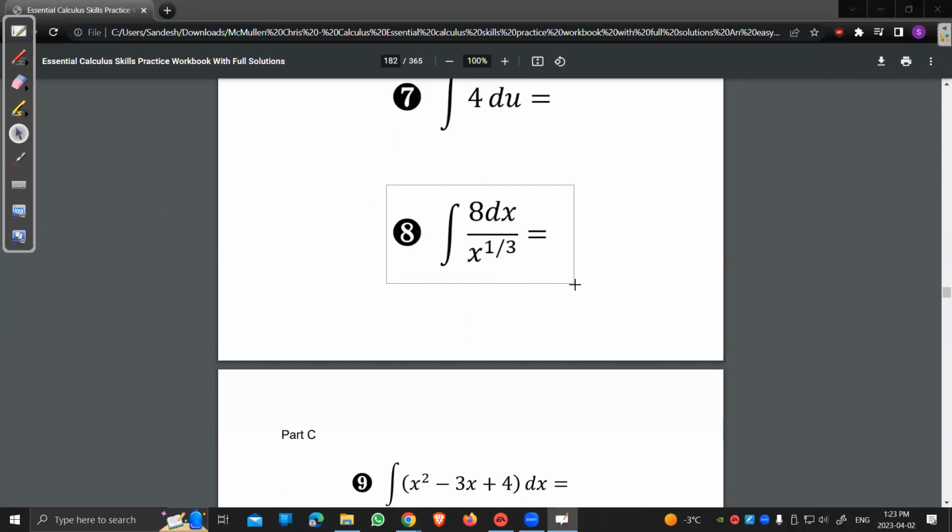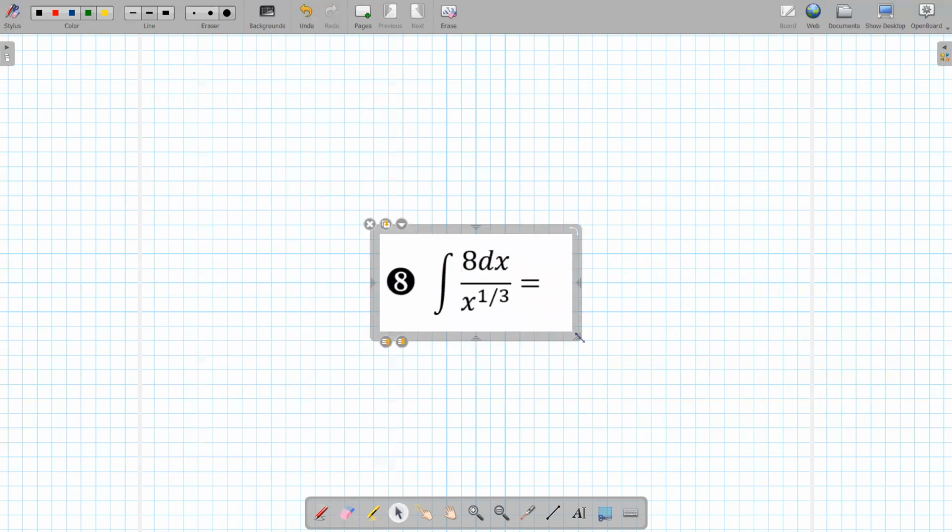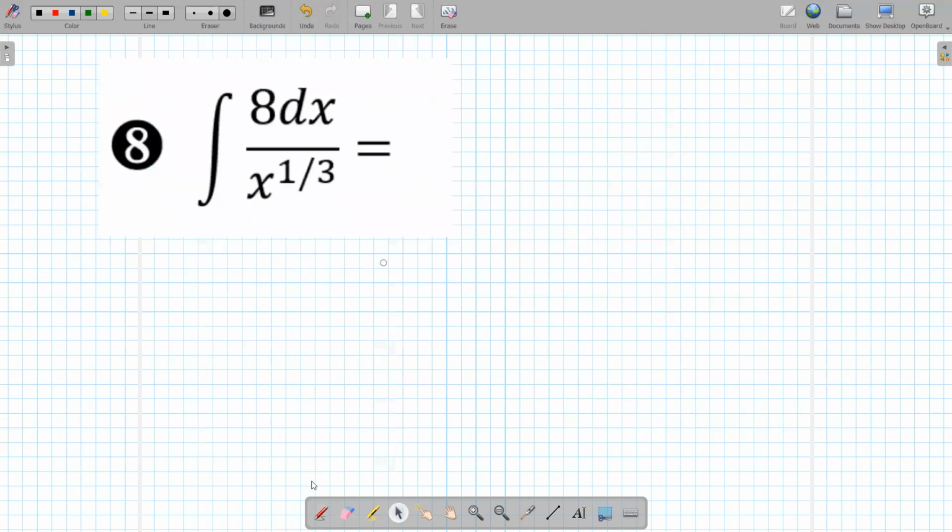All of these are pretty much one step. Look at this, we're going to throw it up top. This is 8x to the negative 1 over 3, the integral with respect to x. What's negative 1 over 3 plus 1?